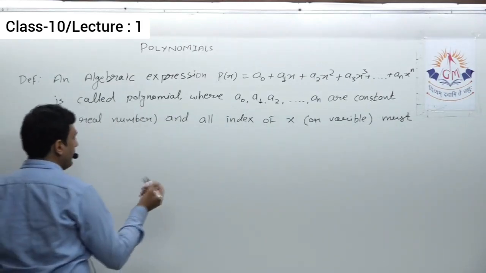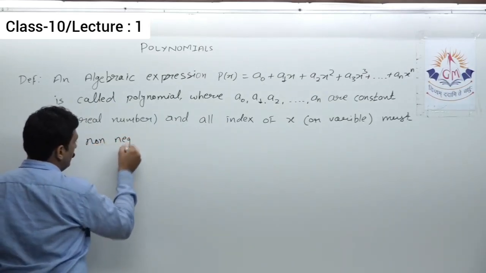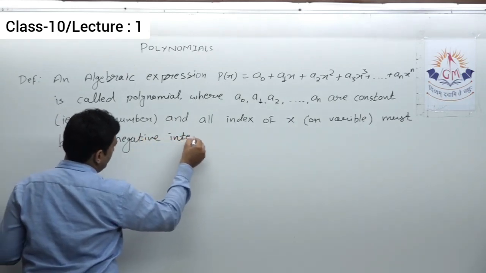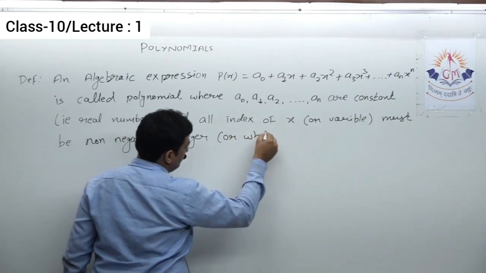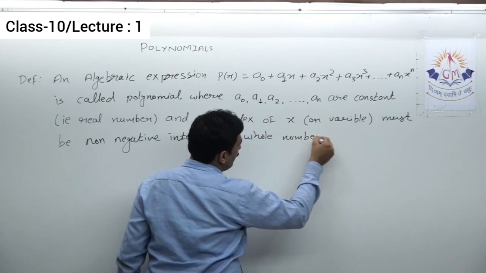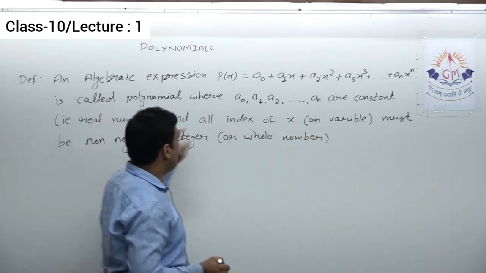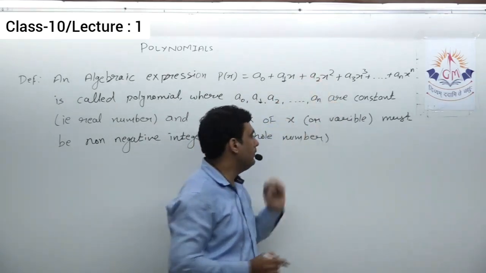It must be a non-negative integer or whole number. It's the same thing. So to identify whether the given expression is a polynomial or not, first of all you have to check whether the power of the variable is a whole number or not.